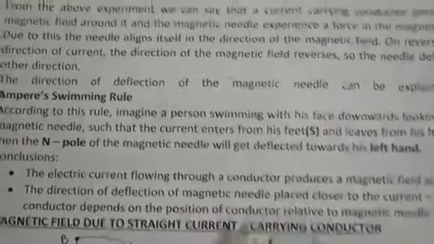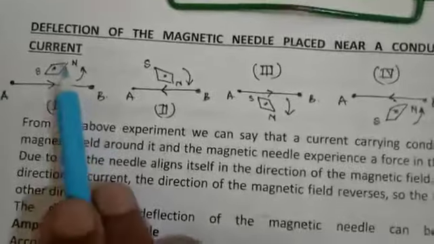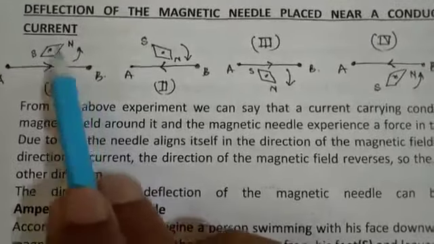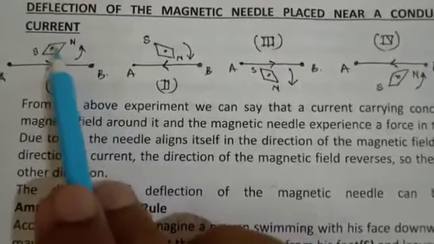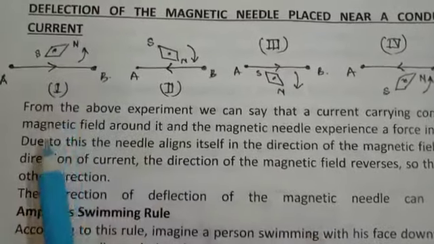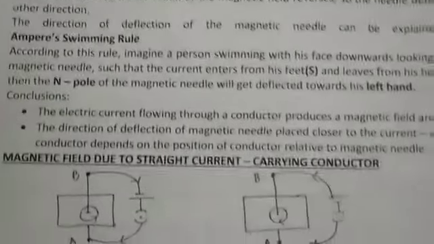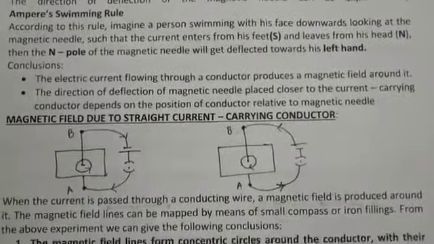The closer you keep the needle to the conductor, the more deflection it will have. If you take the needle away from the conductor, the deflection will decrease. So these are the two conclusions from this practical.